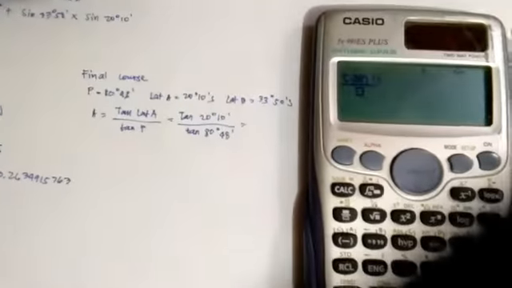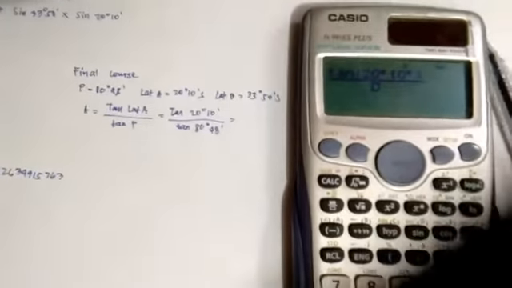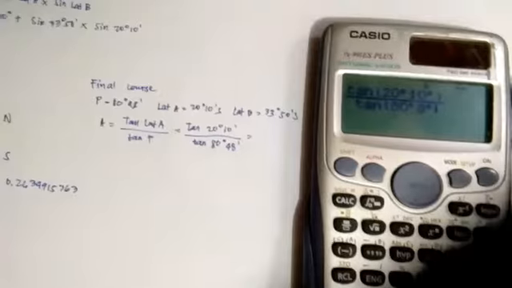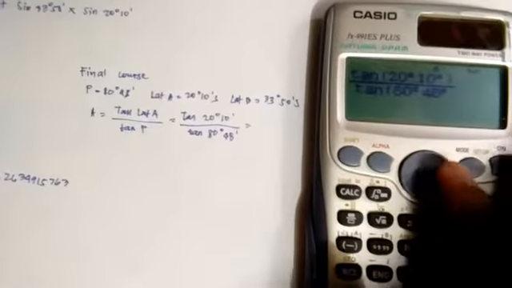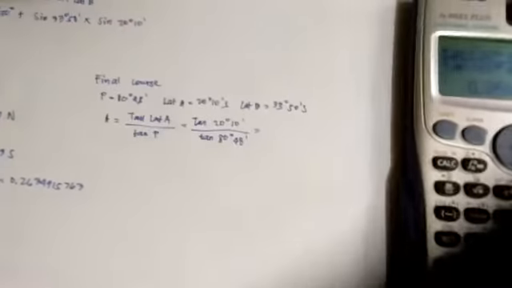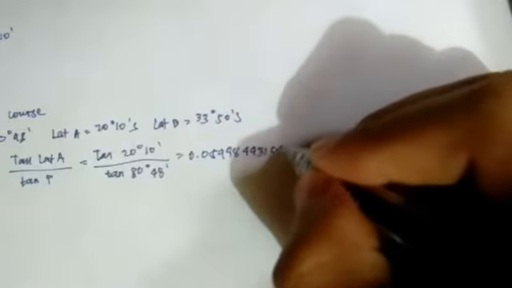So I'll use our calculator. Tan 20 degrees and 10 minutes over tan 80 degrees and 48 minutes. So we will get the final course of A, which is 0.05948443109.